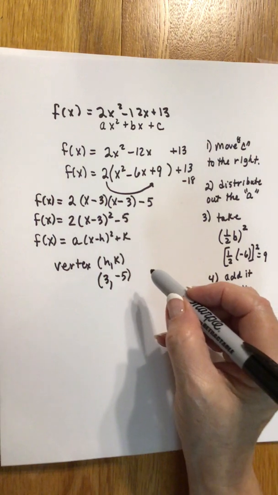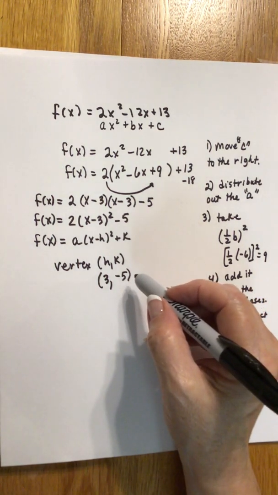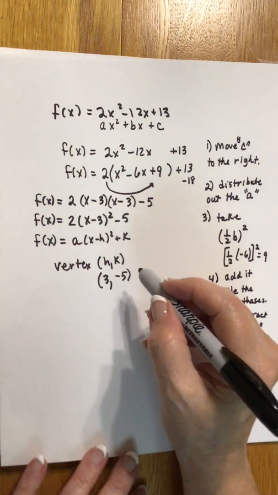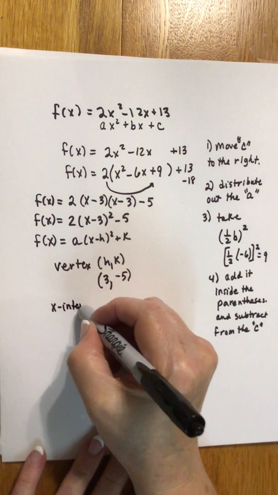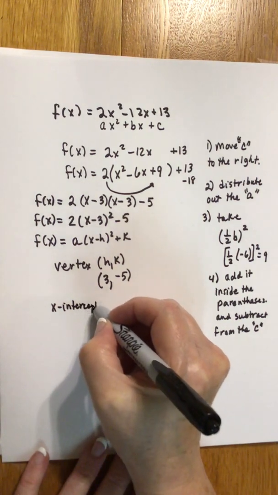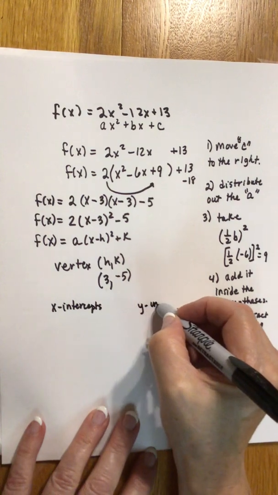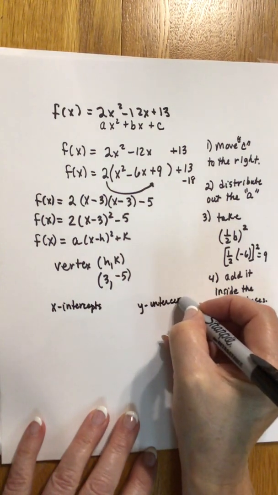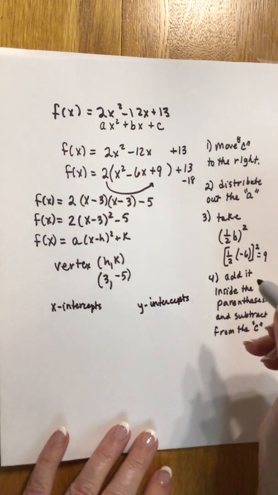Now, the next thing that we're going to find, so that we can see about graphing this with something besides the vertex, is the x-intercepts. And we're going to find the y-intercepts. The x and y-intercepts are where it crosses the axes.